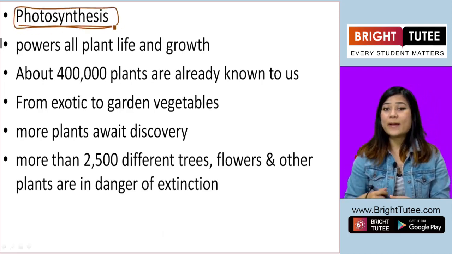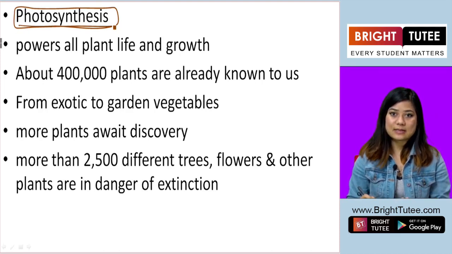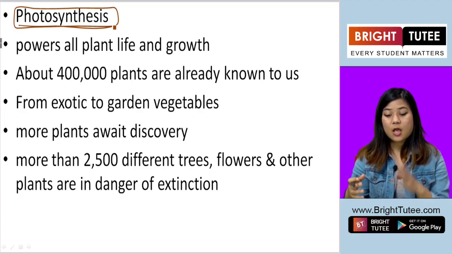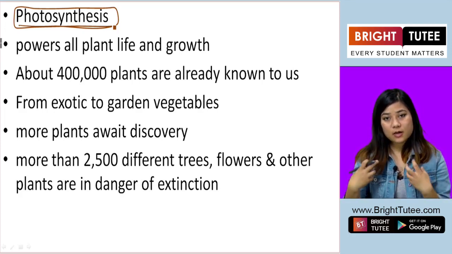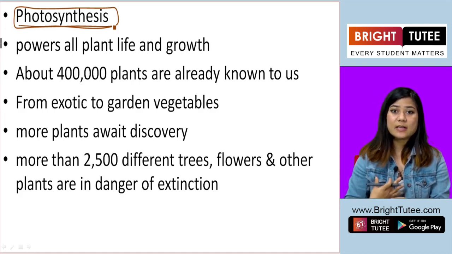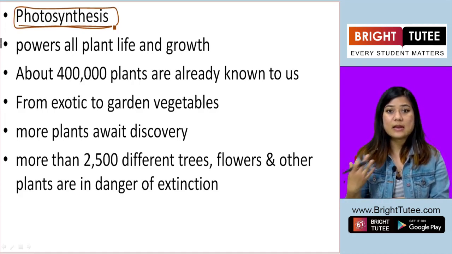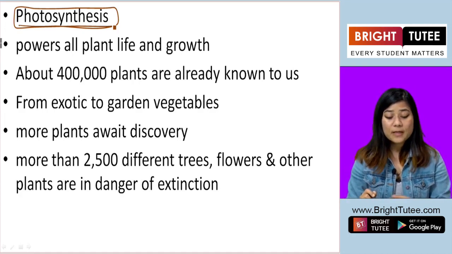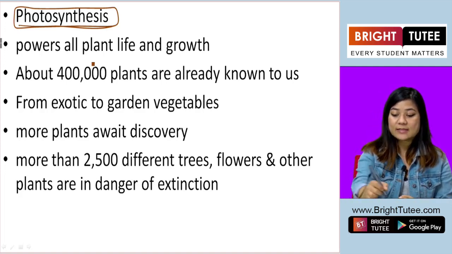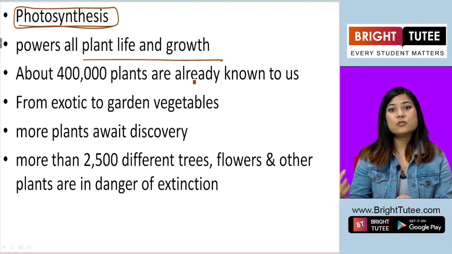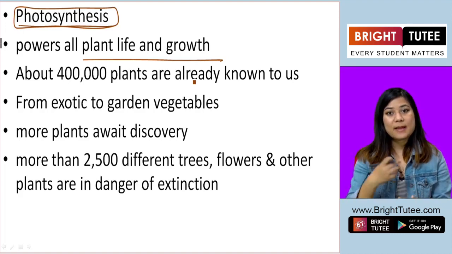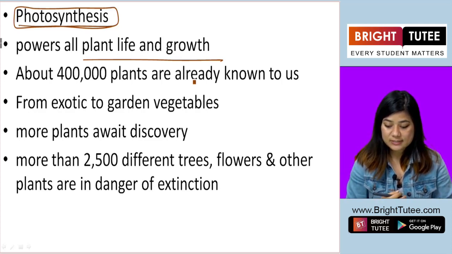No matter how different the plants are, no matter how different the trees are from one another, they all conduct the process of photosynthesis so that they can thrive, so that they can live and grow. So the growth and the life of the plant is provided by this process of photosynthesis.